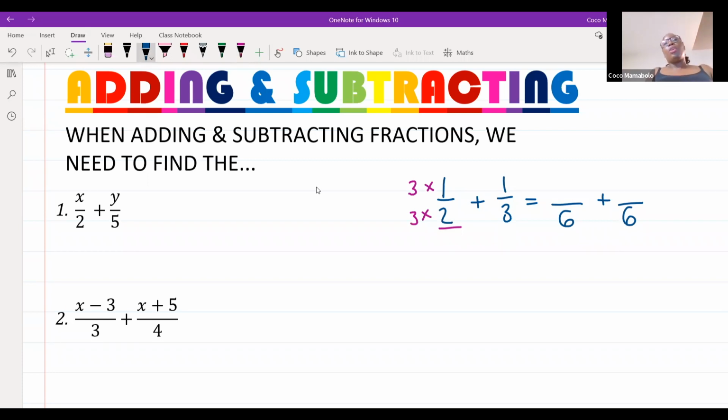So 3 times 1 is going to give me 3, and I can do the same on this side. What did I do to 3 to make it 6? I multiplied by 2. So what I do at the bottom, I do at the top. So 1 times 2 will give me 2. And then we remember with fractions, I add the tops. So I'm going to get 3 plus 2, which is going to give me how much? 5 over 6.